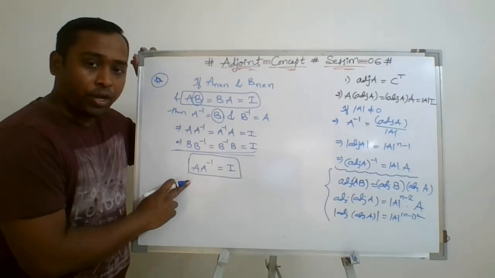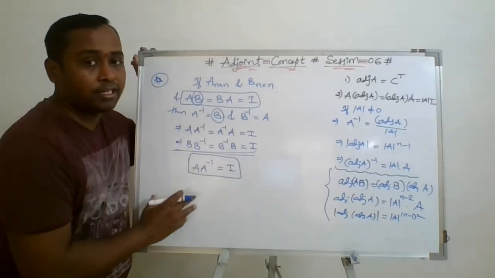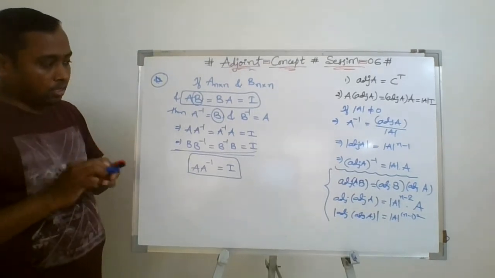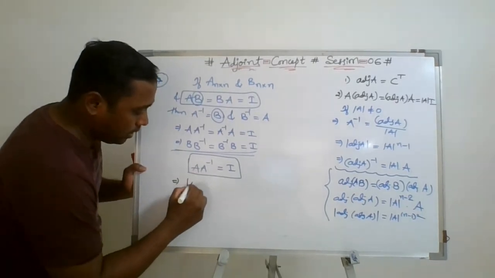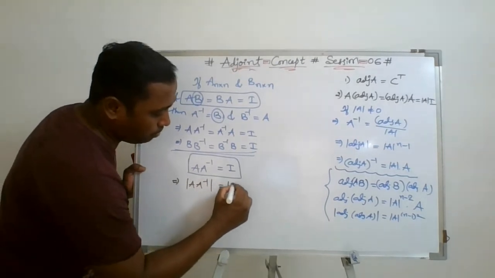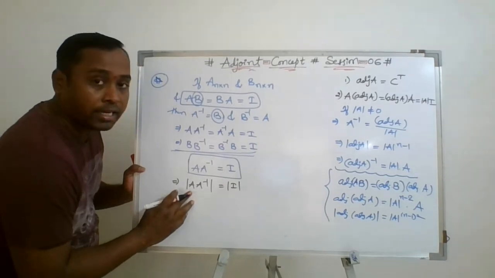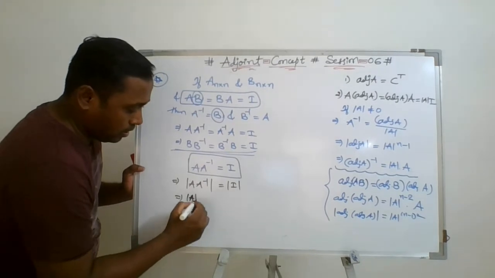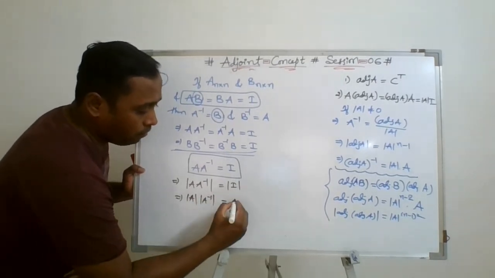Now, what I am doing is taking the determinant on both sides. See, if I take the determinant on both sides, determinant of A into A inverse is equal to determinant of I. It follows the property that det of AB is equal to det A into det B. So it will be det A into det A inverse, and the determinant of the identity matrix is 1.